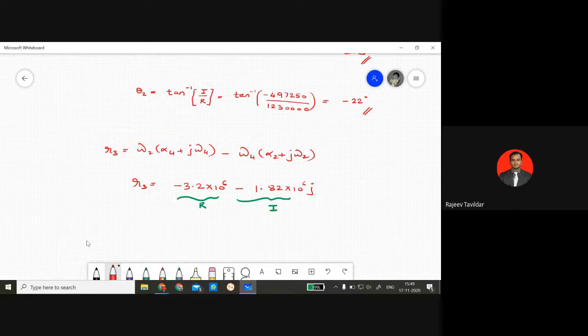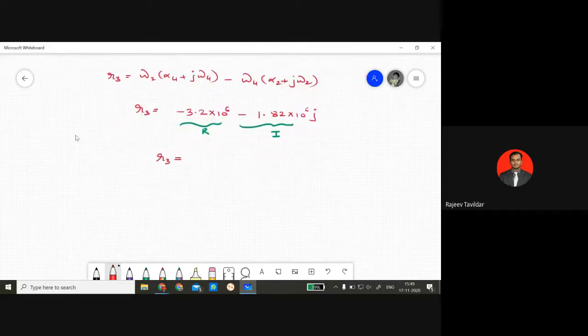Yes, what is the answer? Square root of real square plus imaginary square.